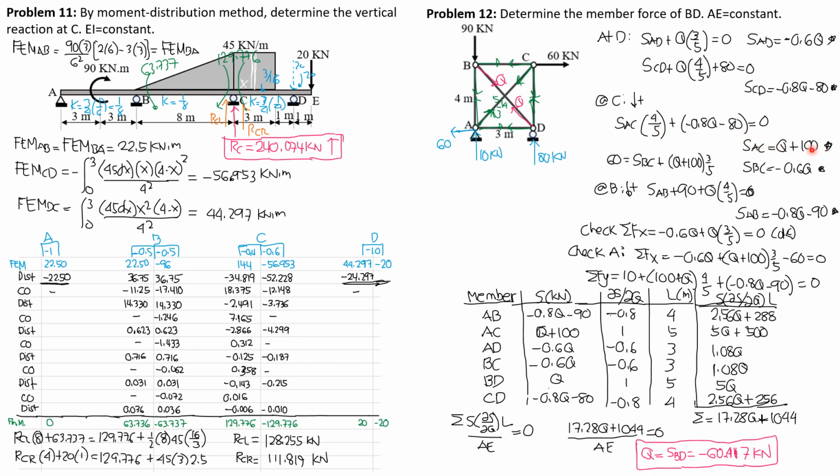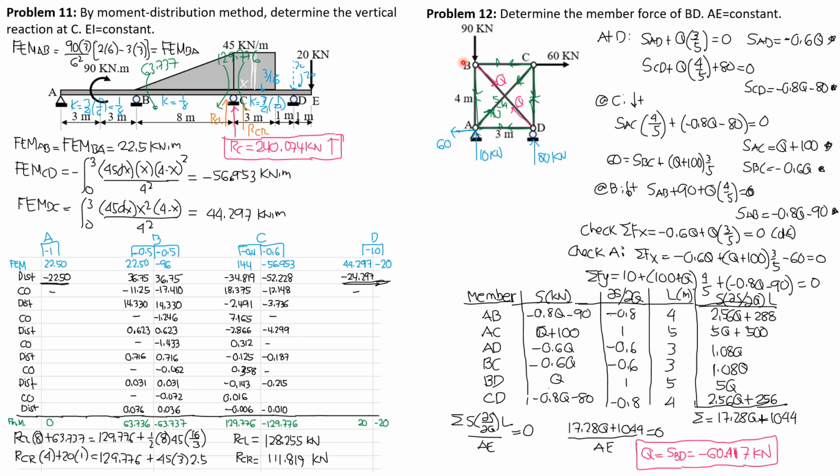Summation of forces in X equals 0. So we have 60 equals S_BC plus the horizontal component of S_AC, quantity Q plus 100 times 3/5. Then S_BC is equal to negative 0.6 Q.